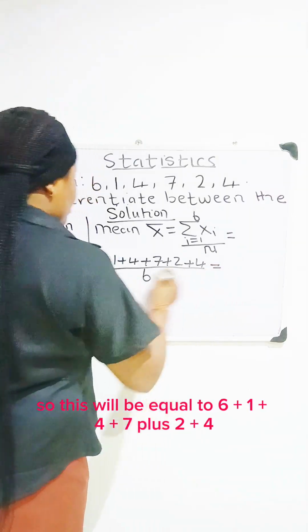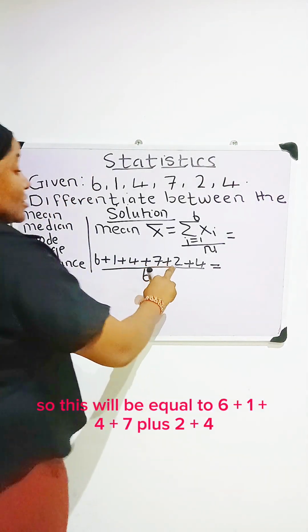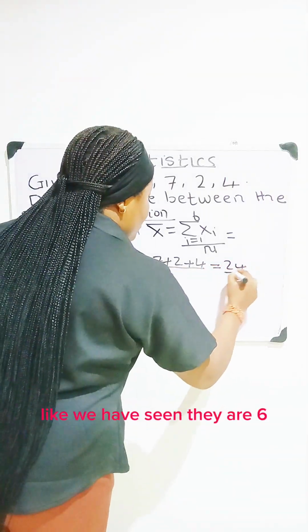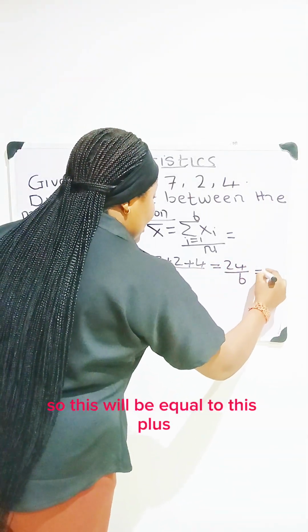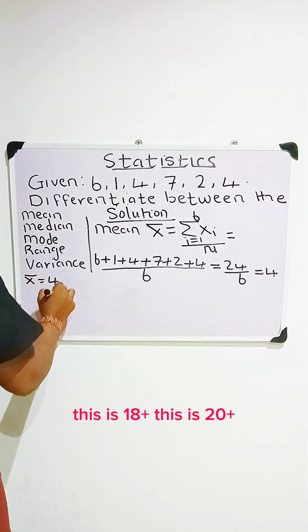So this will be equal to this plus this is 7 plus this is 11 plus this is 18 plus this is 20 plus this is 24. So this is 24 all over 6 and is equal to 4. Our x bar is equal to 4.